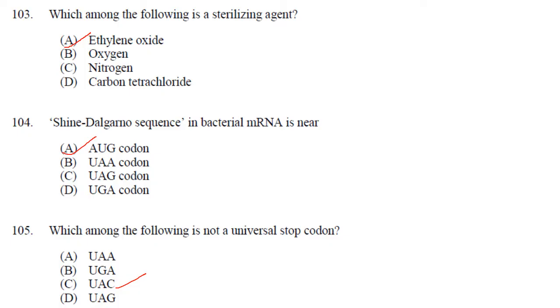So the answer here is option A, that is Shine-Dalgarno sequence in bacterial mRNA is near to AUG codon. Then next one.